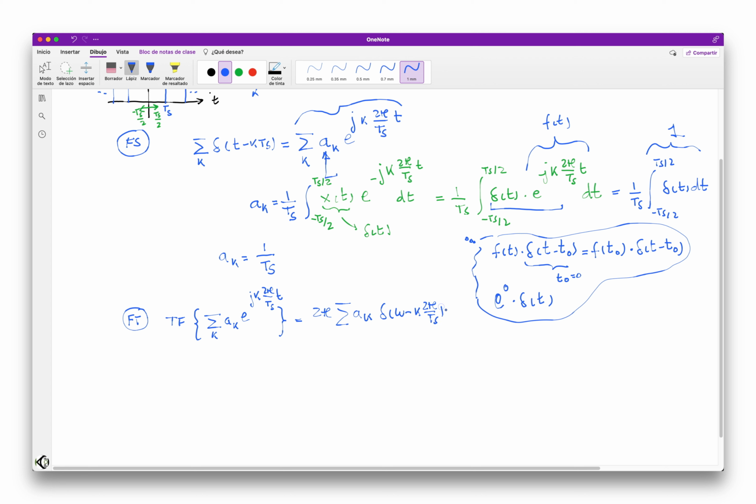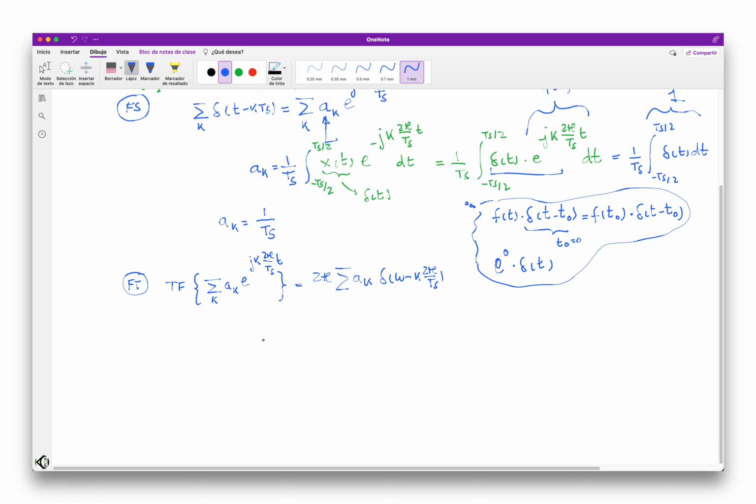We saw this as a very important Fourier transform, and this is exactly what we are going to apply here.